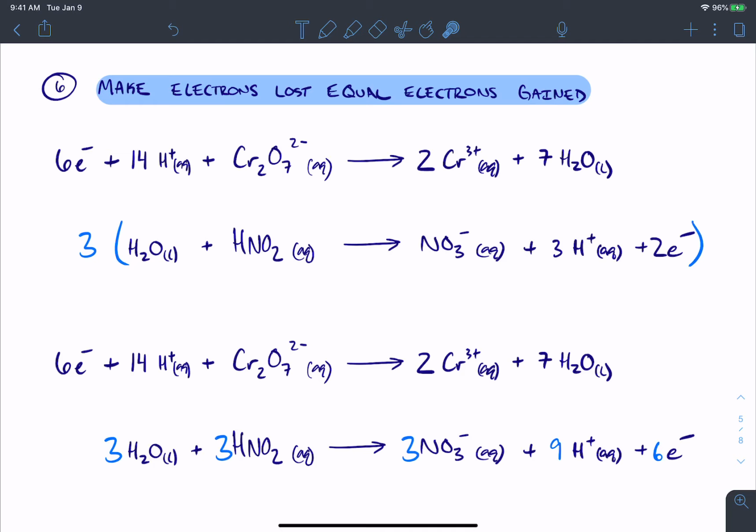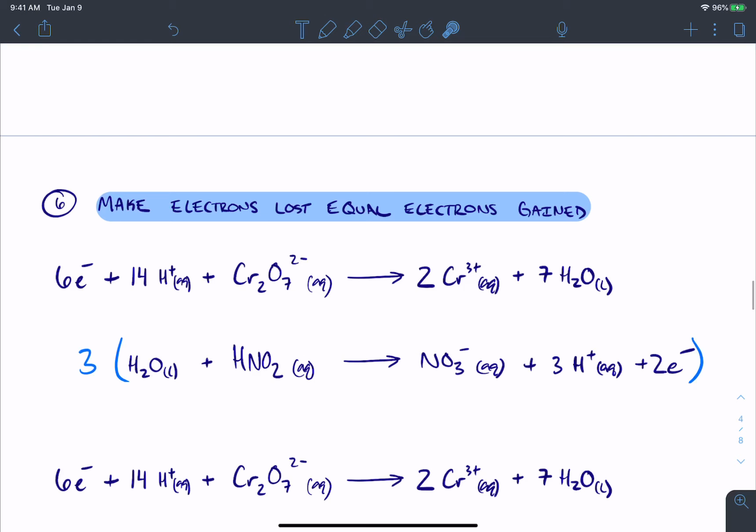And the way that we're going to ensure that that is the case is take a look at the number of electrons that are on the reactant and product side in the 2 half reactions and make sure that those 2 numbers are equal. So in this case, we had the 6 electrons that we introduced on the reactant side and the 2 electrons that we introduced on the product side. We want to make those equal, so the least common multiple between 2 and 6 is going to be 6.